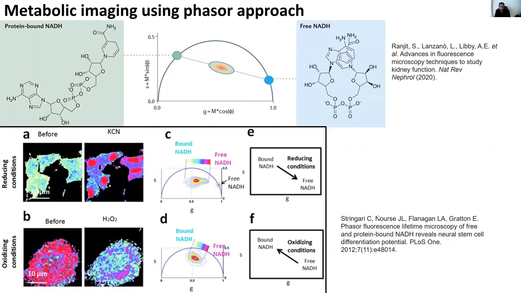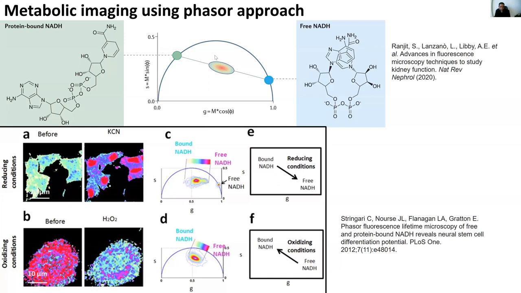The first paper that was looked at from Enrico's lab was from Kiera, which is looking at neural stem cell differentiation. If you add reducing conditions, so by adding potassium cyanide, it goes more towards free NADH. If you add oxidizing conditions, so hydrogen peroxide, it goes more towards bound NADH.